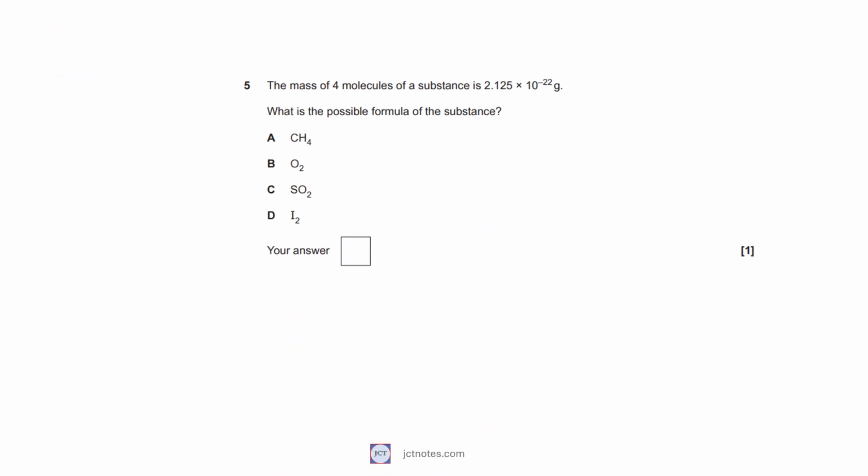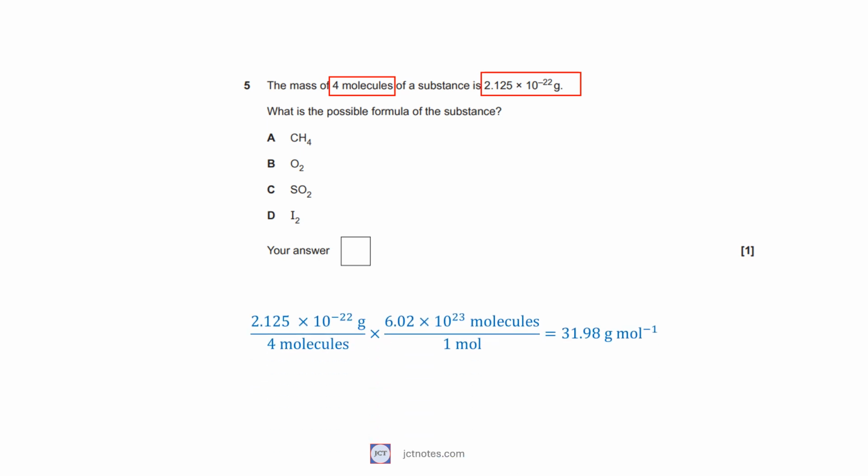In question 5, we are given the mass of 4 molecules of a substance. We are asked to identify the substance from 4 possible options. If we divide the mass by 4, we get the mass per molecule. If we multiply this number by Avogadro's number, we get the molecular mass of the substance as 31.98 grams per mole.